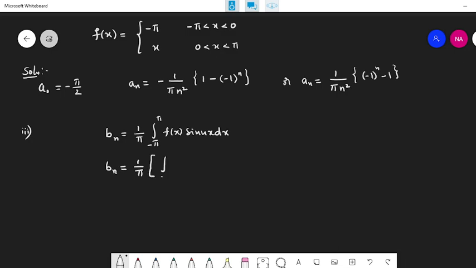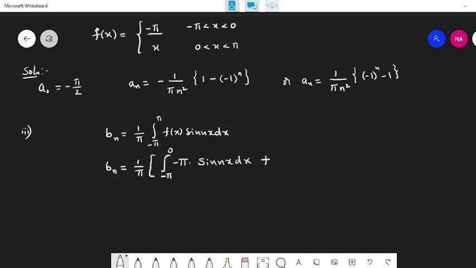So integral minus pi to 0 f of x sin nx dx. But when x lies between minus pi and 0, f of x is minus pi. I have to write the value of f of x here. So minus pi into sin nx dx. This is about the first interval. So I have to write the value of f of x in the corresponding interval.